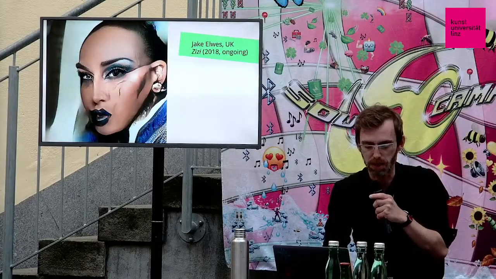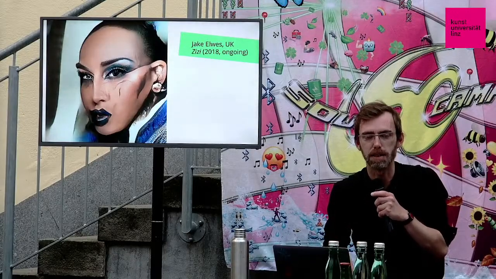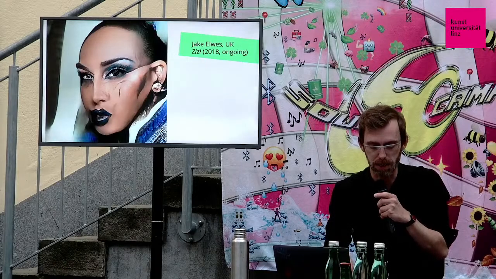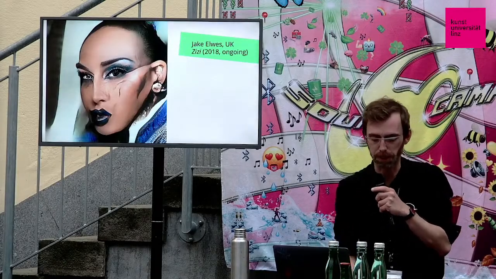So to wrap it up, there's no doubt that one crucially important ambition within contemporary digital art practice and discourse is to highlight, expose, and if possible, eradicate systematic or systemic biases in AI and machine learning.